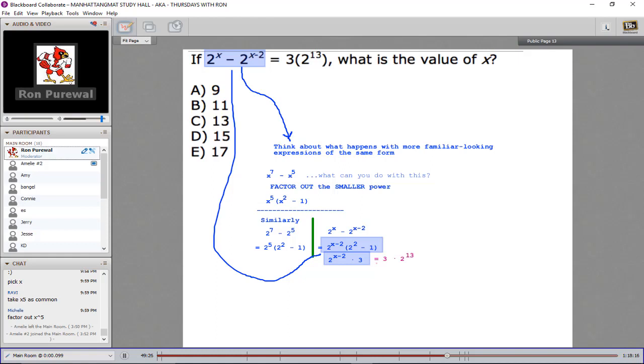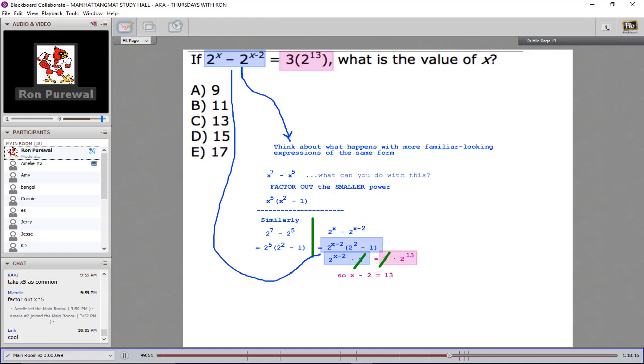Because that's this. So the 3's are gone, and you end up just realizing that x minus 2 is 13. There you go. Any questions about this?